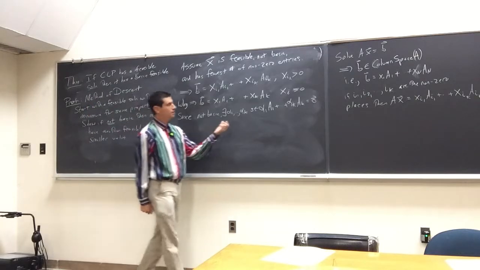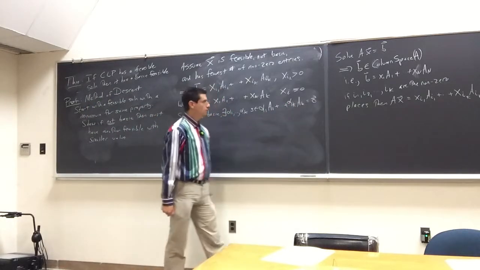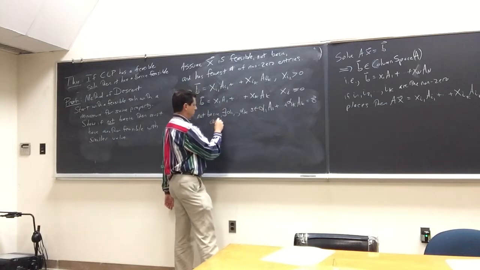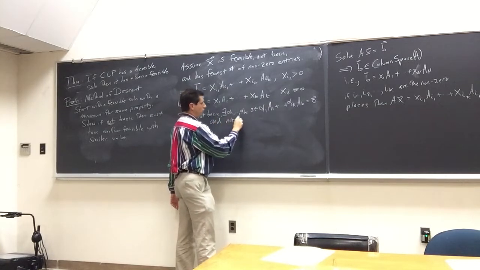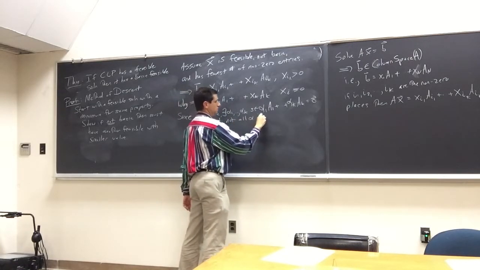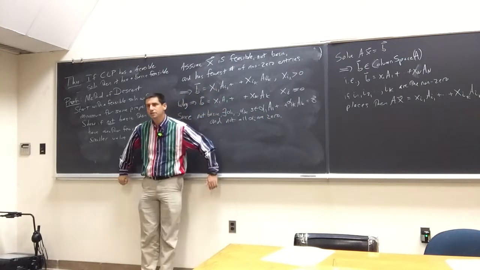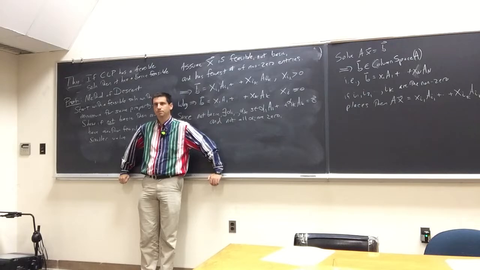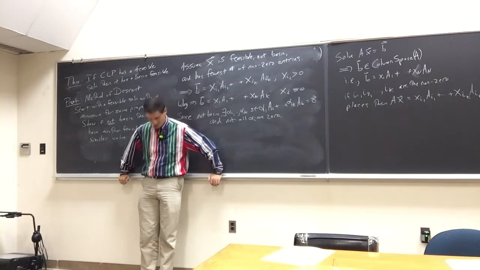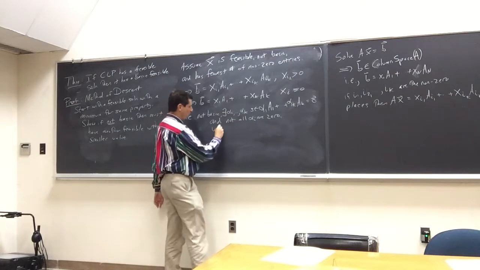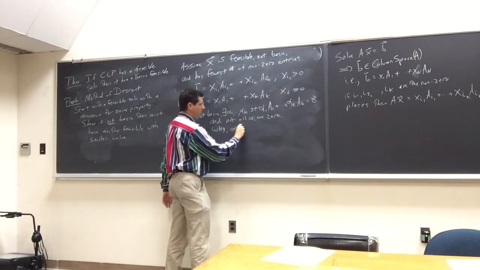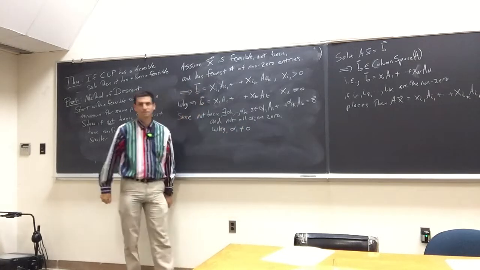It means that there's a linear combination which equals 0, and not all alpha i are 0. So at least one of the alphas must be non-zero. Which alpha i is non-zero? Right, why? Good. Without loss of generality, alpha 1 does not equal 0.